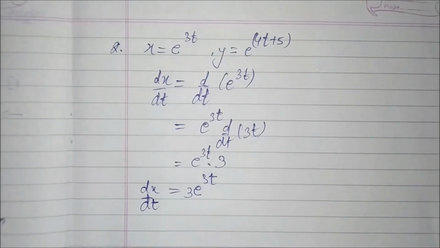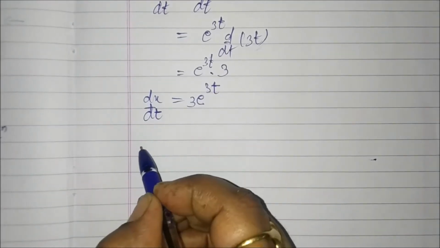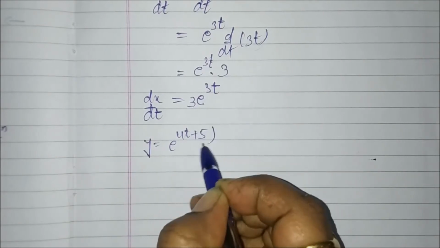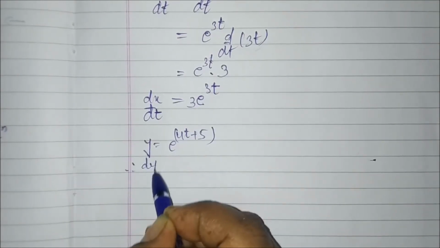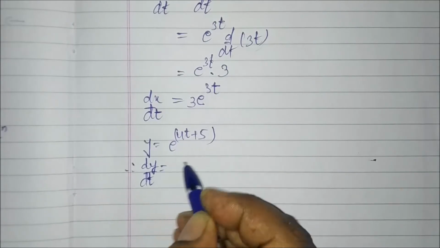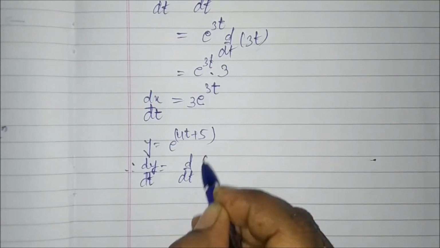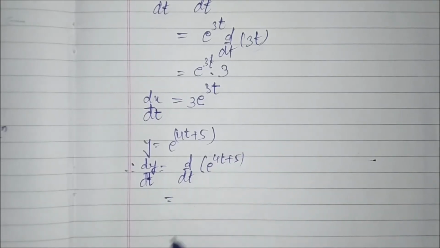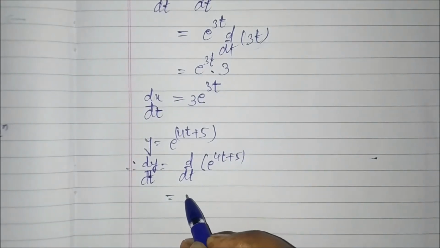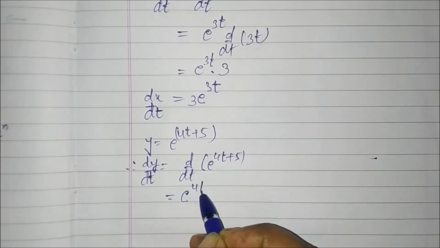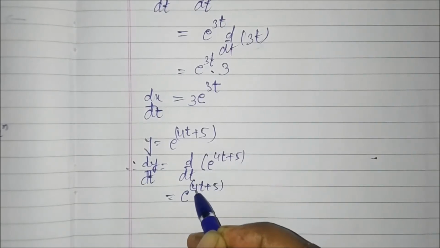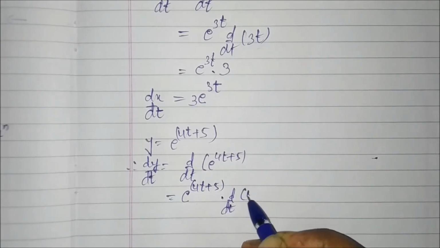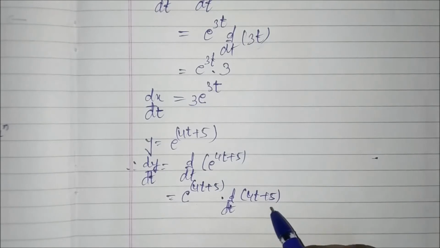Okay, now we will find dy by dt. y is equal to e raised to 4t plus 5. Therefore dy by dt is equal to d by dt of e raised to 4t plus 5. In the same way as we differentiated x, the derivative of e raised to 4t plus 5 is e raised to 4t plus 5 into d by dt of 4t plus 5.